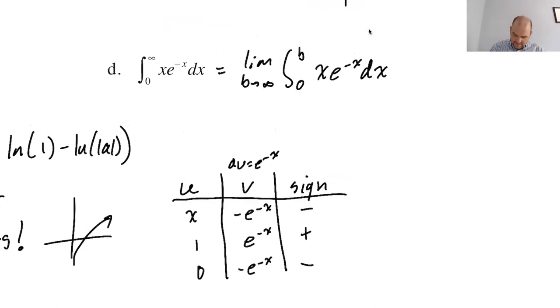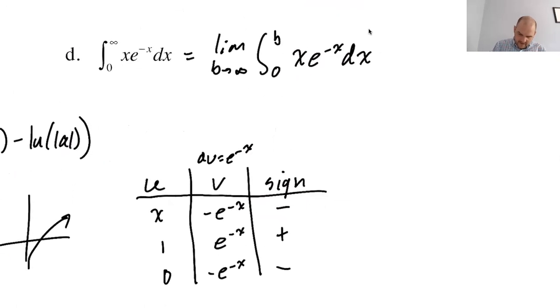So we'll say this equals the limit as b approaches infinity of negative x over e to the x. It's negative x e to the negative x, but I'm going to write it as this because then when I use the fundamental theorem, it'll be a lot clearer what's going on. And then minus 1 over e to the x.